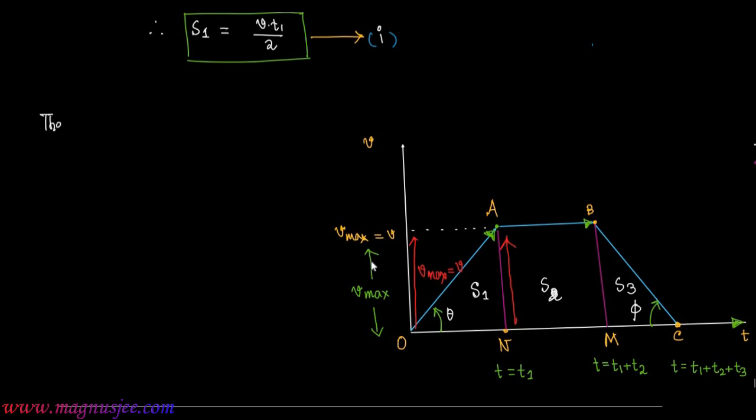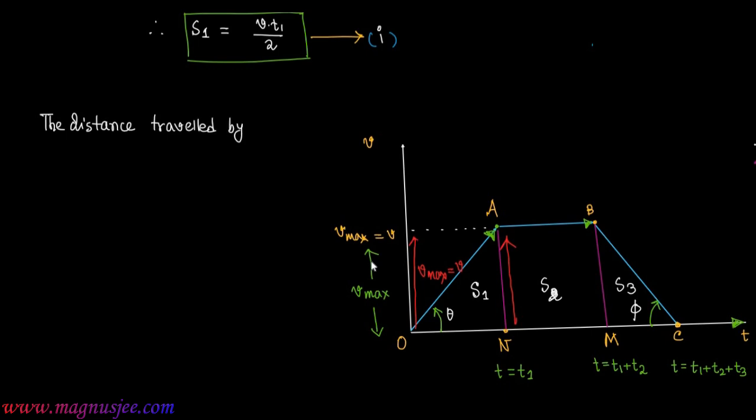S1 is the distance traveled by the train from O to A, between which the train accelerates at constant rate alpha.